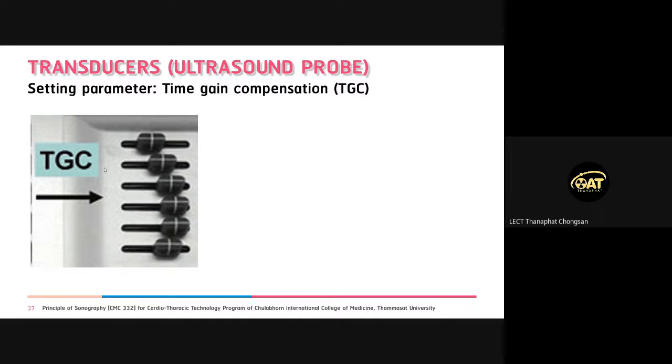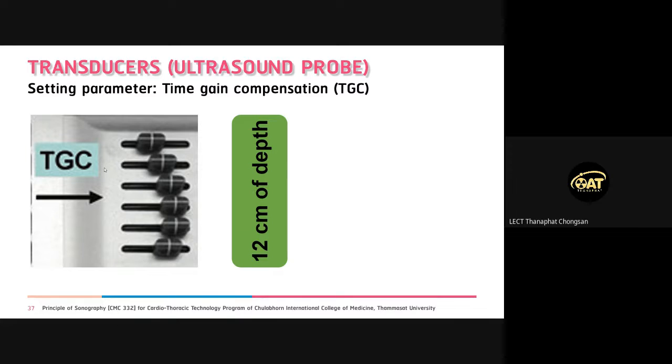In general, TGC can improve a position, on this machine, up to 12 centimeter of depth from the surface. If our machine has 6 buttons, each button can be adjusted by only 2 centimeter of depth from the surface to a deep organ.